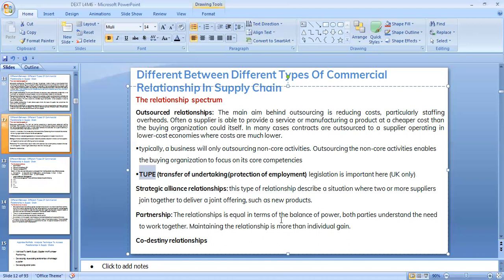And number 9 is co-destiny. Co-destiny is the crowning aspect of it, where you see your successes as the successes of the supplier. Everything you own, they own. Your losses are their losses. Your gains are their gains. Your pains are their pains. Do you see that? That is co-destiny.